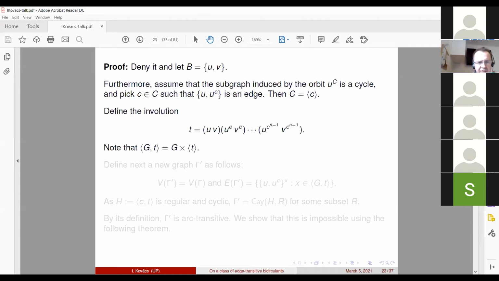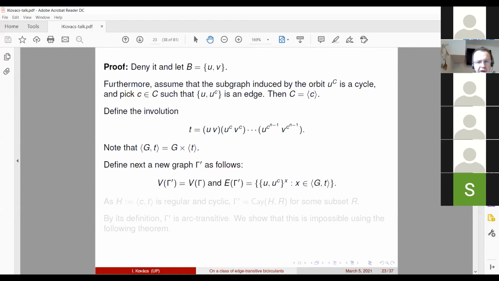Now define the following involution T, which just switches the vertices inside the block. Because this is a block system, T commutes with any element in G, though we don't know that T is an automorphism of the graph. So the group generated by G and T is just a direct product.